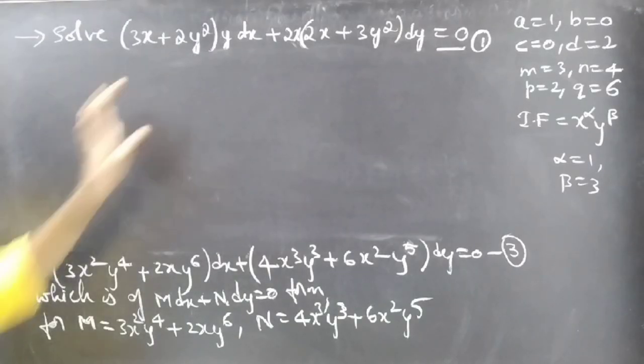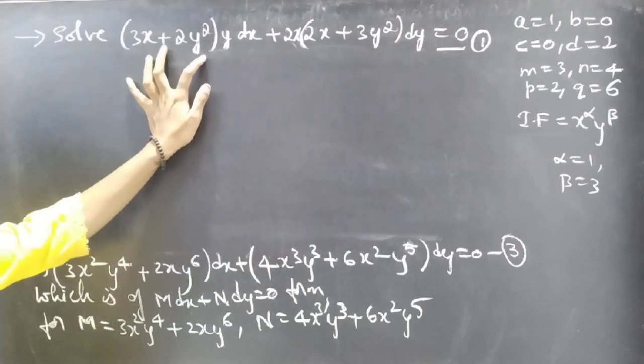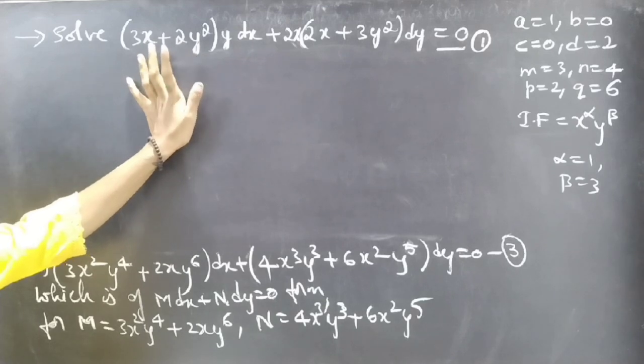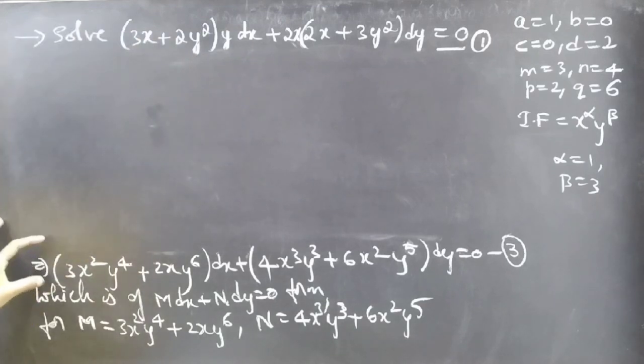See, we have multiplied the integrating factor to equation 1 in order to reduce this equation to an exact equation. So, we got equation 3, right? By multiplying integrating factor to equation 1.